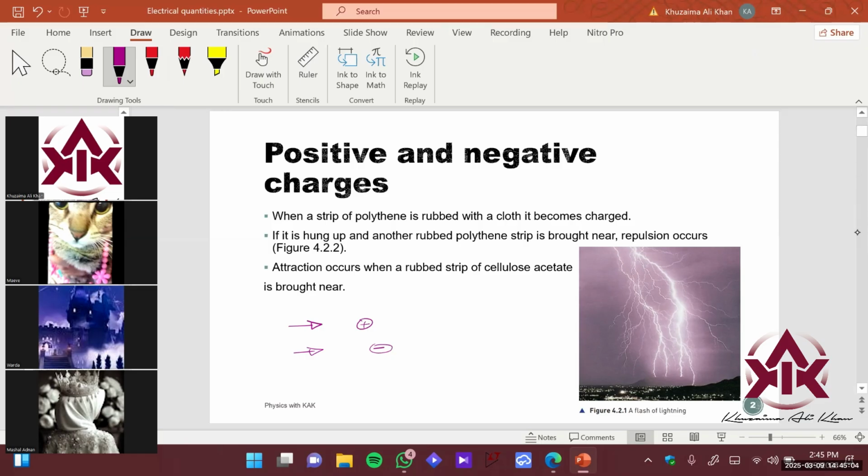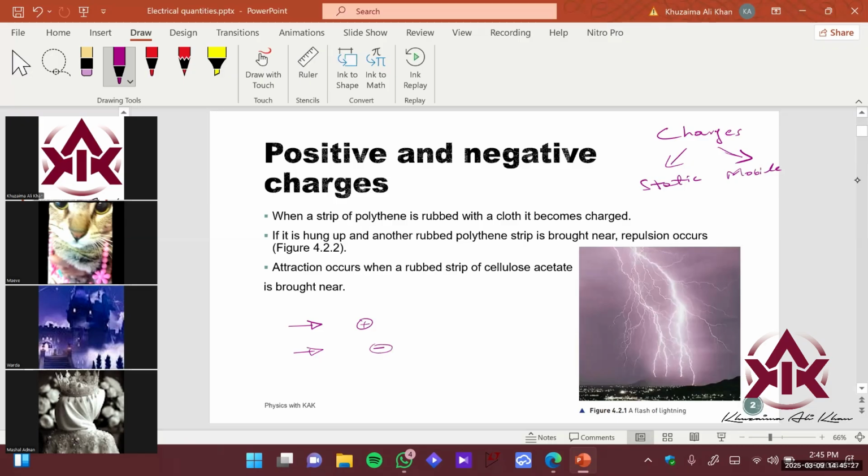So the charge types are as follows. We have two types of charges. That is static, and the other one is basically mobile. Can anyone share the difference between static and mobile charges?